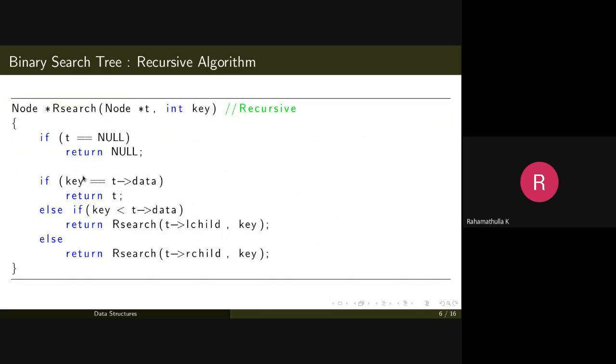That is, if the element is available at the root node itself. Otherwise, if key is less than t pointer data, then you do the same search procedure in the left child. If key is greater than t pointer data, you do the recursive search procedure in the right child.